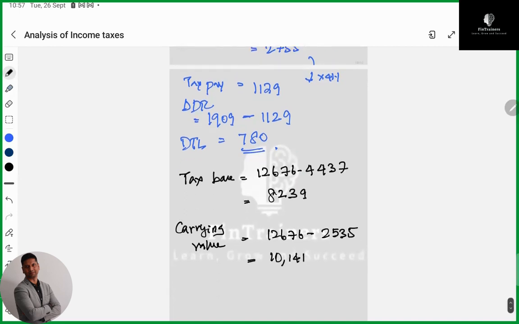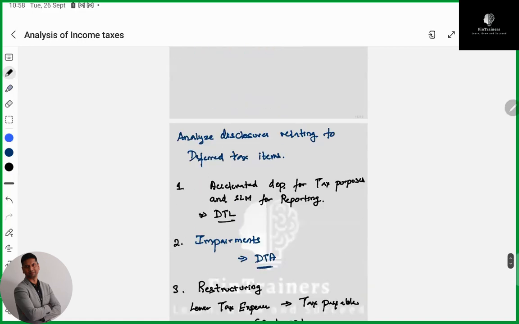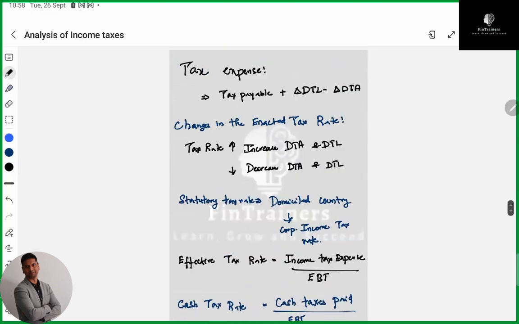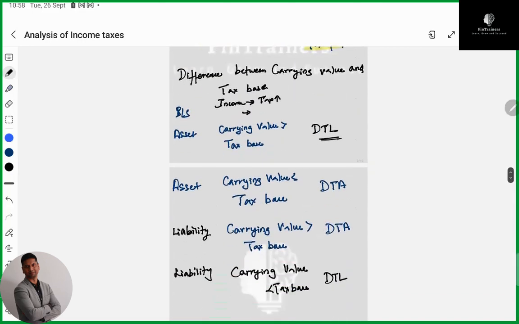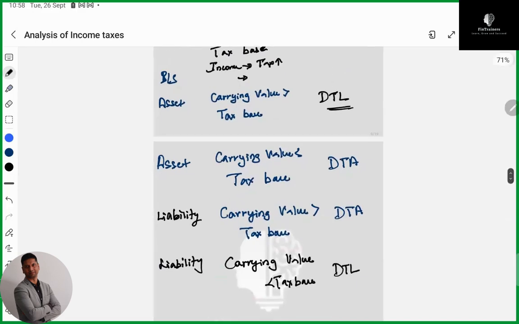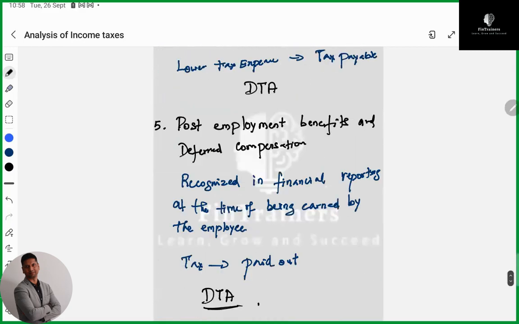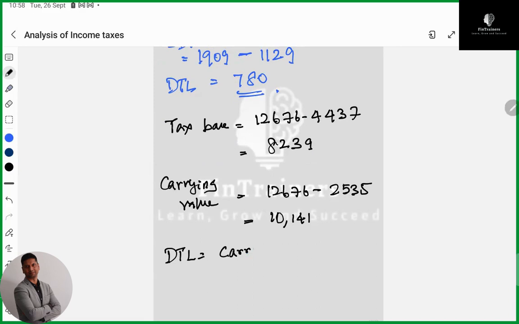See, we said whenever carrying value is greater than tax base, go back to that table. Remember this thing always. Carrying value is greater than tax base, it will lead to DTL. So to calculate the DTL, carrying value minus tax base multiplied by tax rate.